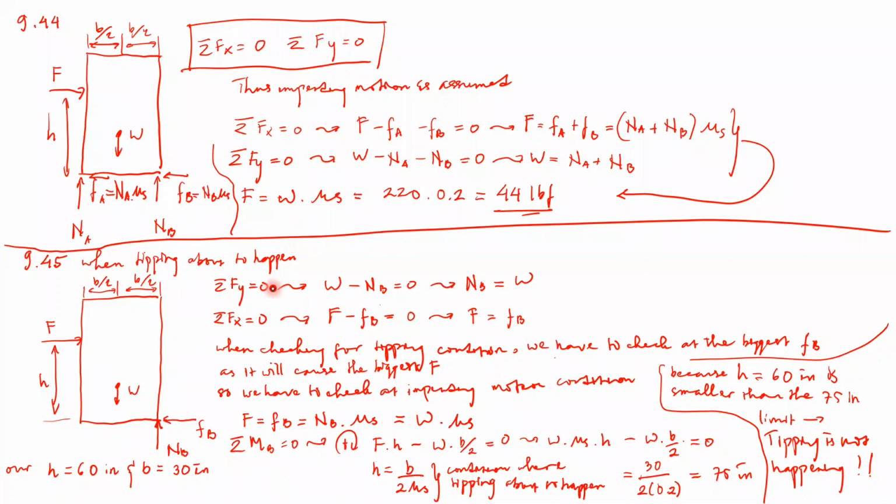So in order for us to create a tipping condition, in order for us to make a particular thing tip over, we have to create a moment, right, Rafi? Yes. Okay, the moment will be caused by this F, right? Yes. And that particular moment will get bigger if F is bigger, right?